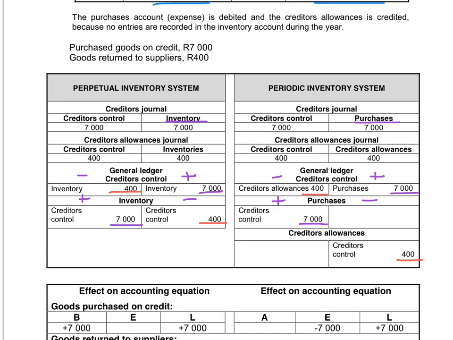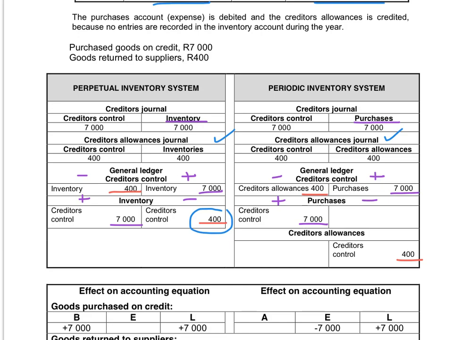So in both methods, we have a creditors allowances journal. So whether you use the perpetual or the periodic system, when goods are returned or you receive a credit note from a creditor, it will be recorded in the creditors allowances journal. But in the perpetual system, you don't use a creditors allowances account, because when I return goods, I record it on the credit side of inventory.